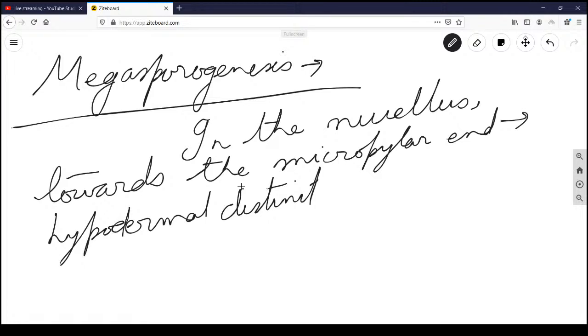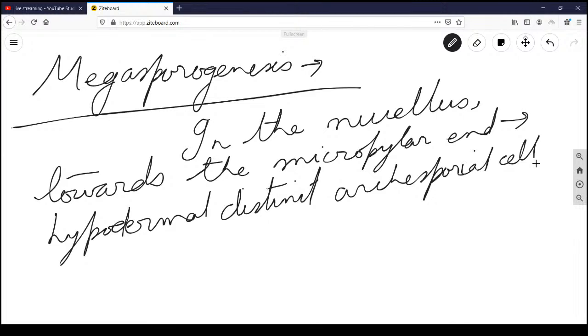Now these cells are very, very important. Why? Because they are the archisporial cells that divide by periclinal division. Again, that's why I explained to you the periclinal division.